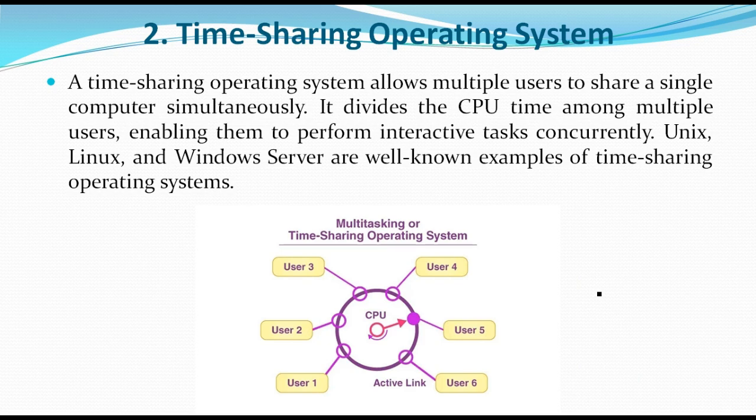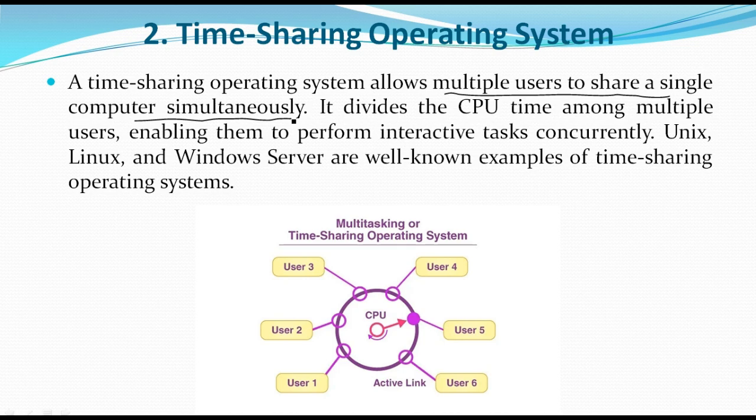Time sharing means that among n number of users, the CPU time is divided into time quantums, because the CPU is a very fast device in the computer system, so that we can execute any process in the CPU in milliseconds. The time sharing operating system allows multiple users to share a single computer simultaneously, and in multitasking every user thinks that the system is dedicated to them only.